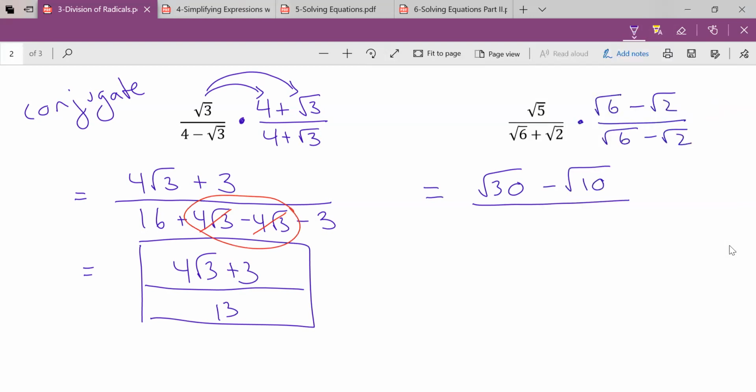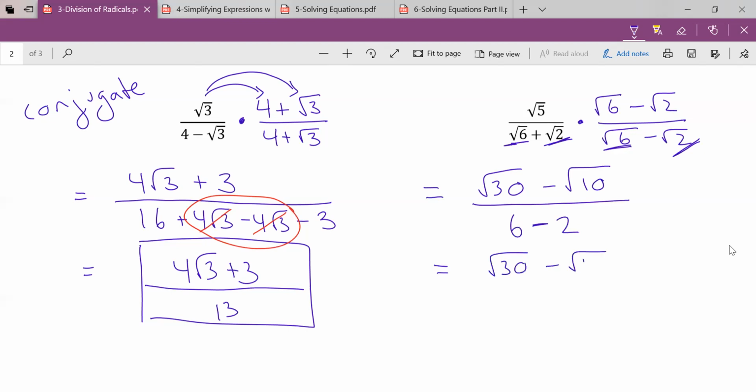So all I'm going to do is root 6 times root 6, first times first. Well, root 6 times root 6 is root 36, and the square root of that is just 6. Then I'm going to do the last two. Root 2 times root 2 is root 4. Square root of 4 is 2. And it'll always be a minus because it's a positive and a negative being multiplied together.